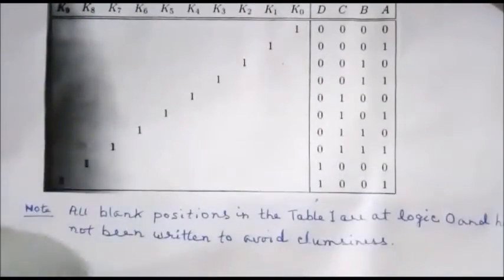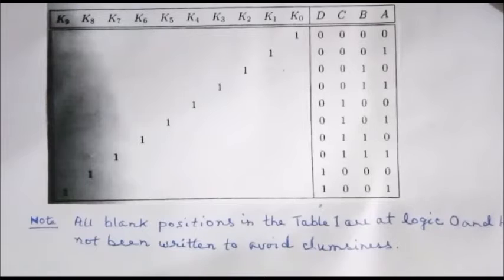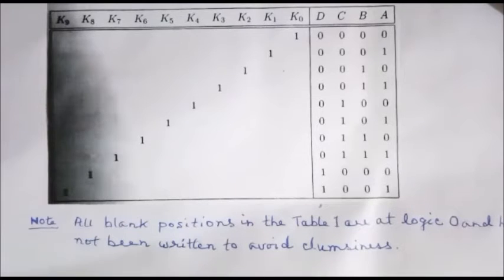The blank positions in the table are at logic 0, which I did not find necessary to represent, so they have not been written to avoid clumsiness.